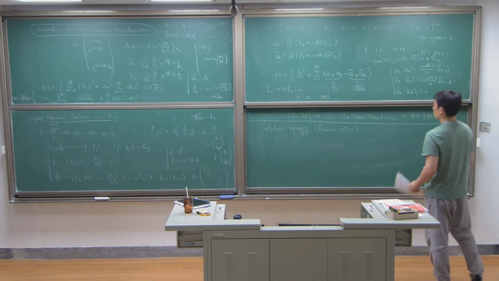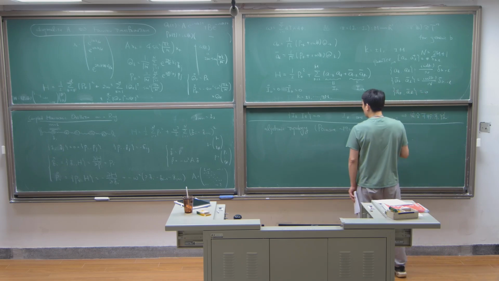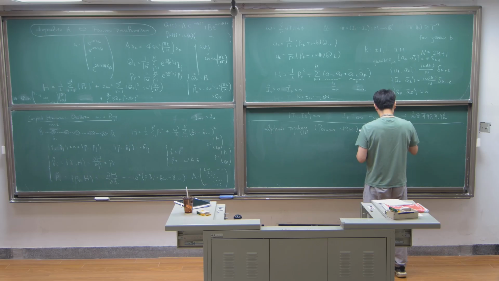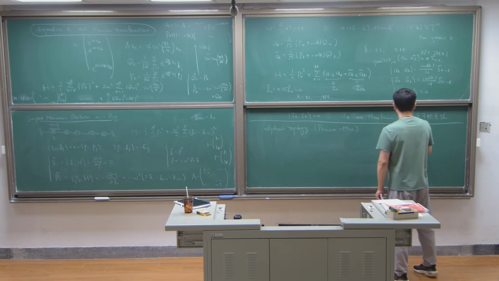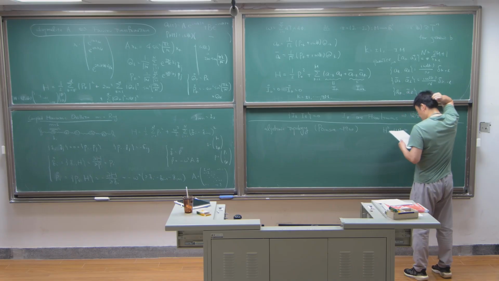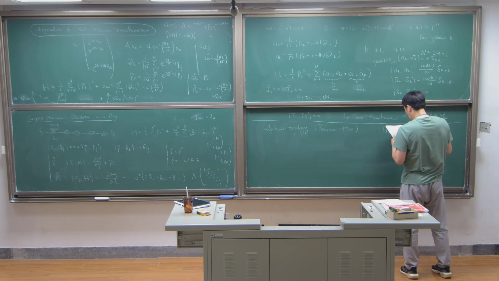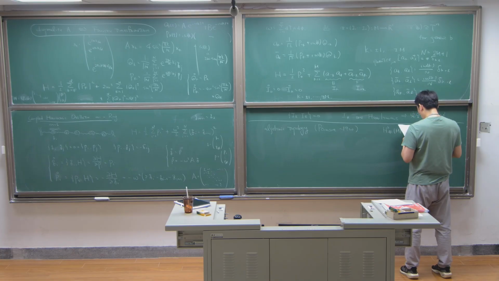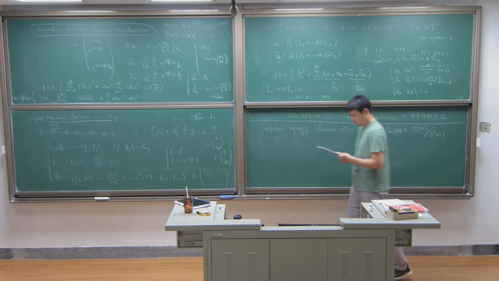In particular, we already learned something called de Rham cohomology, which is defined by closed forms quotient by exact forms.